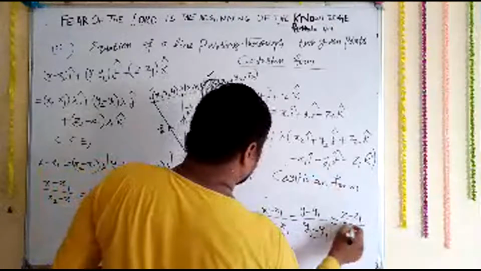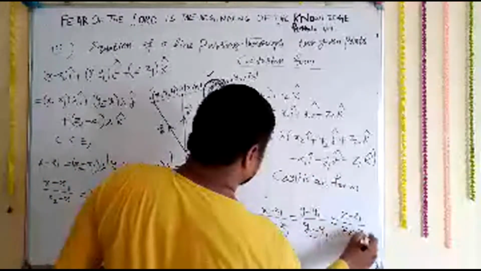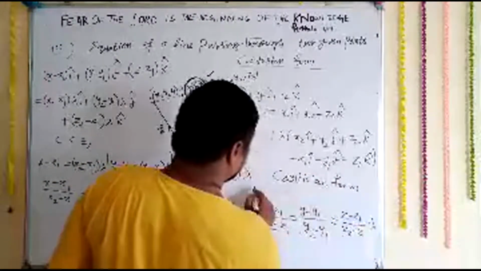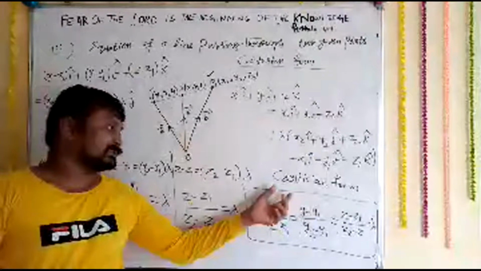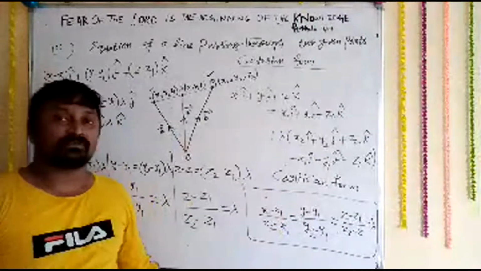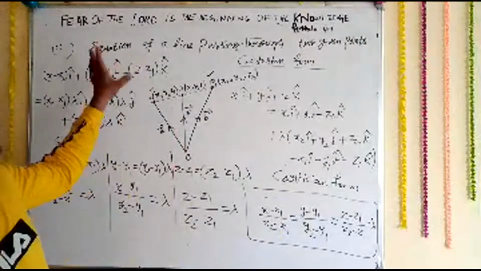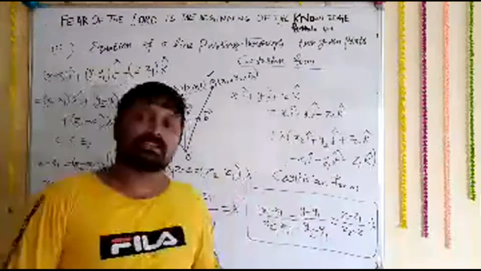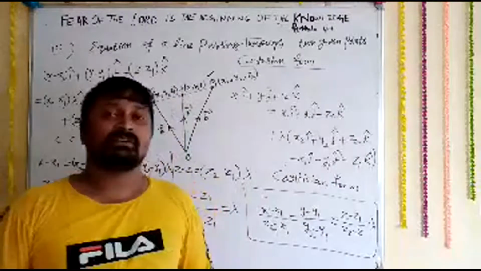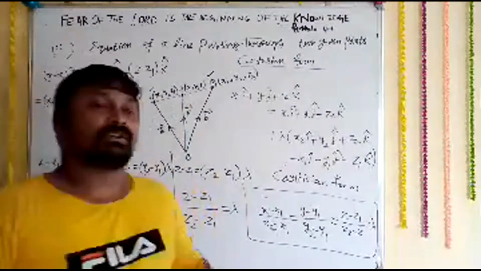This is your equation of a line if two points are given. So this is about the Cartesian form, how to find it. First we found the vector form, and then we found the Cartesian form. Anyhow, go to the offline video once it is uploaded and learn from it, so that it is going to be good for you all.